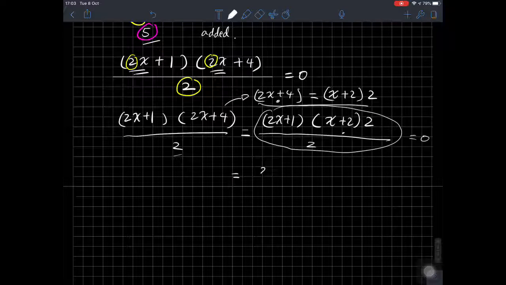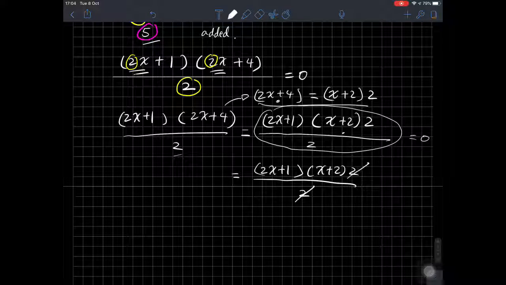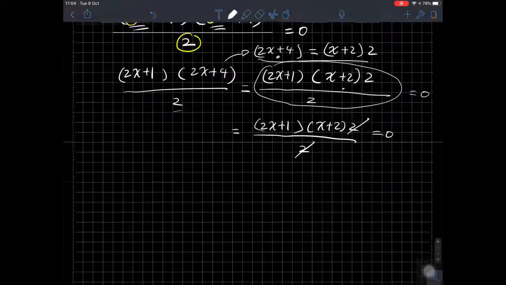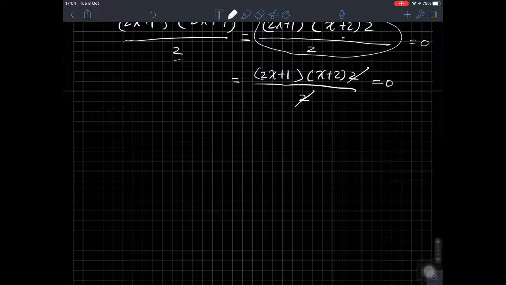Now we can see that the 2's can cancel, right? So we're left with 2x plus 1, x plus 2 equals 0.